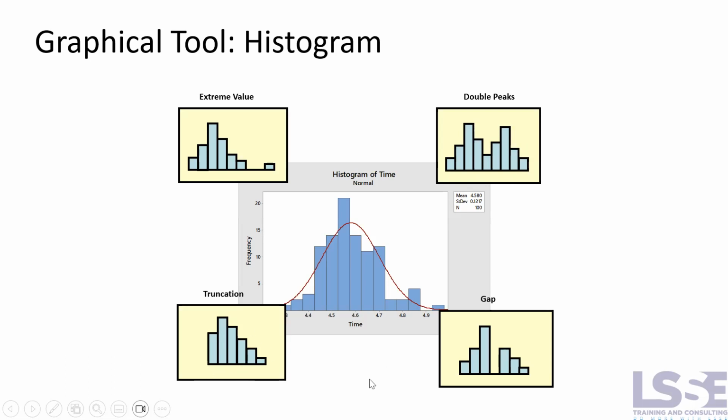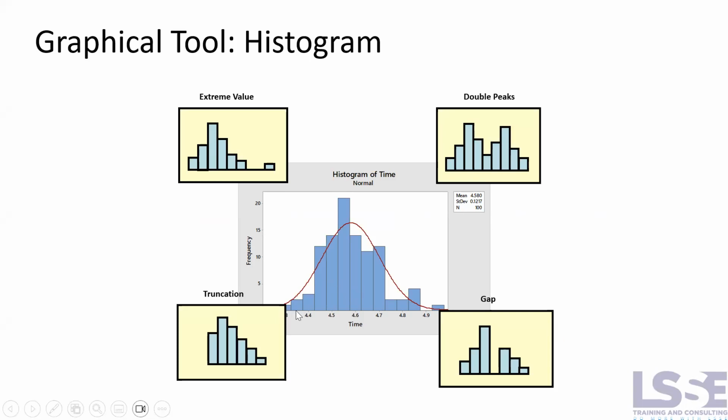There might be a problem in your measurement system if such is the case, or there might be some underlying cause as well. And then there could be a situation where there is a gap. This could also be anomalous, which might require you to investigate.